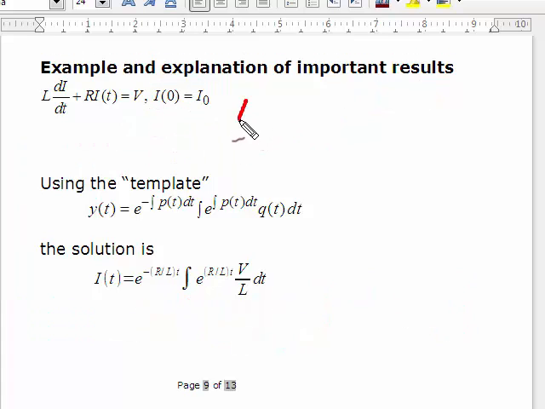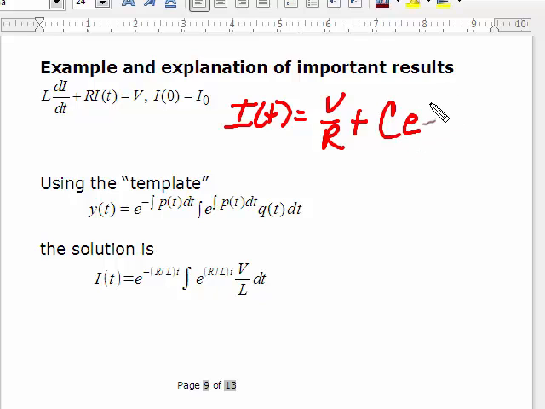So let me write this solution again. I of t equals V over R plus that constant C, e to the minus R over L times t. And I have an initial condition based on time 0.